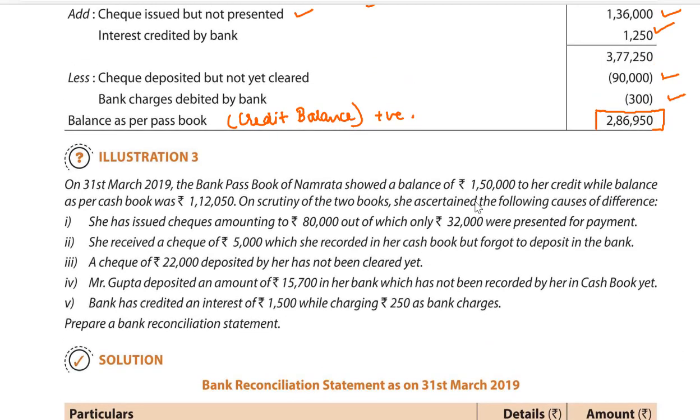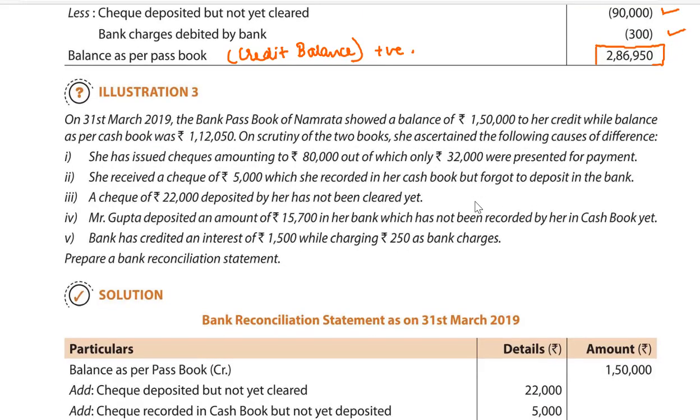Illustration 3. On 31st March 2019, the bank passbook of Namrata shows a balance of 1,50,000 to her credit. Positive balance, and a bank passbook positive balance means credit balance, while the balance as per cash book was 1,12,050.